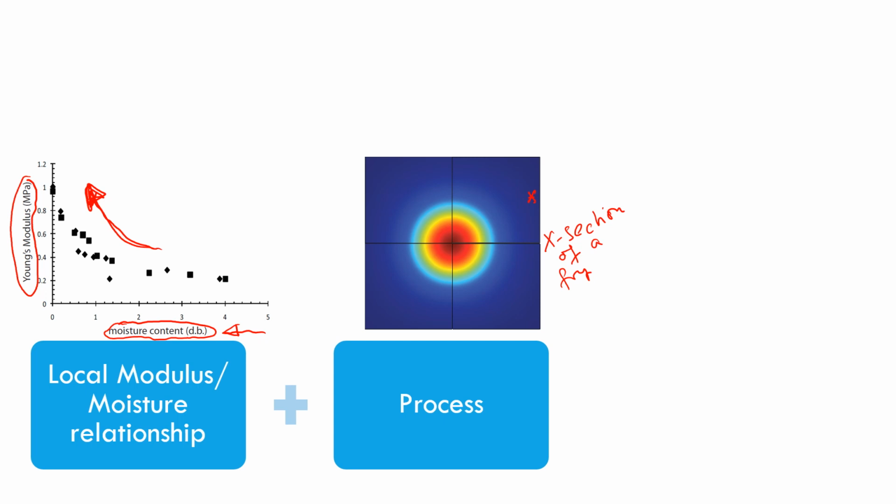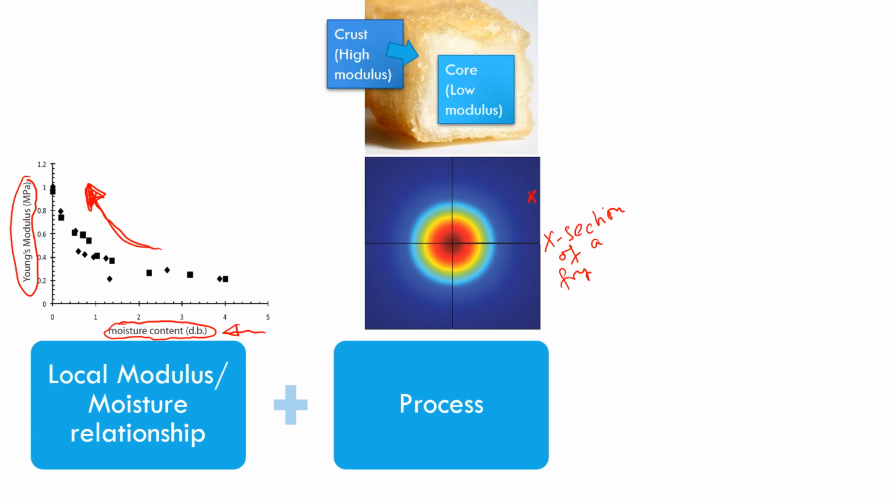If I combine these two, I get this information for the entire cross section of the fry. That is, the core with higher moisture will have lower modulus, and the crust that has lower moisture has higher modulus.